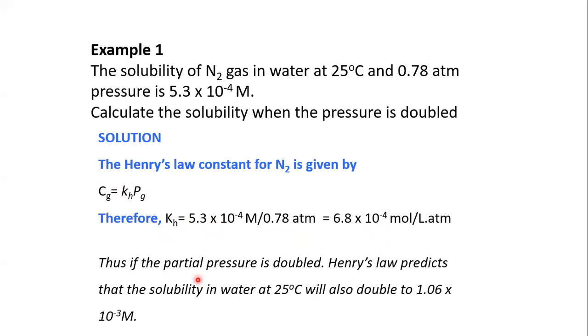Thus, if the partial pressure is doubled, Henry's law predicts that the solubility in water at 25 degrees Celsius will also double to 1.06 times 10 raised to power minus 3 mole per dm cube. I do hope you did the calculation in your notes too.